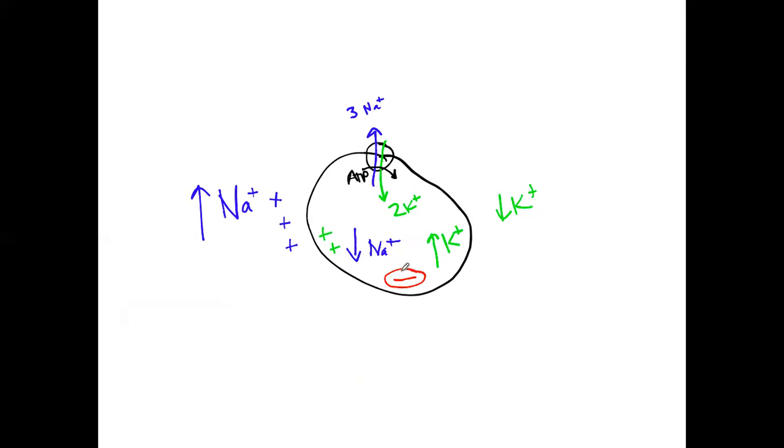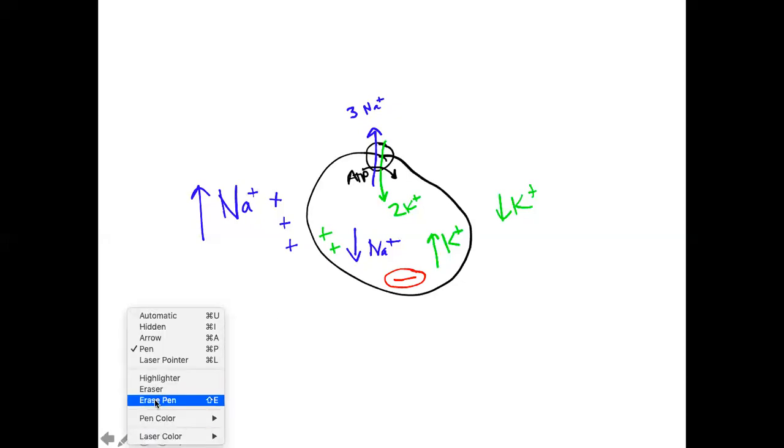Now, how do we get the negative 70? Okay, so how do we get that negative 70? Whoops. See if I can undo that. Uh-oh. Guess not.